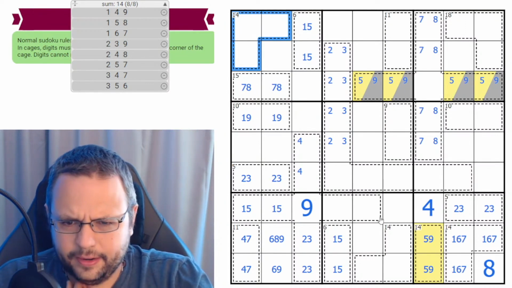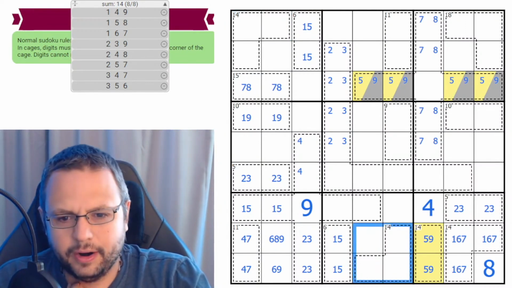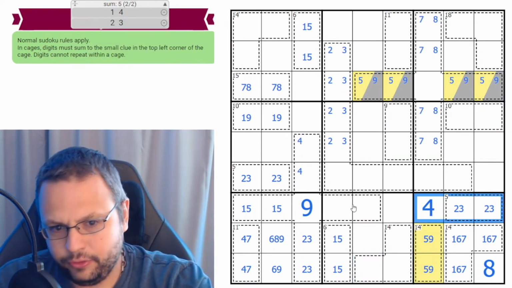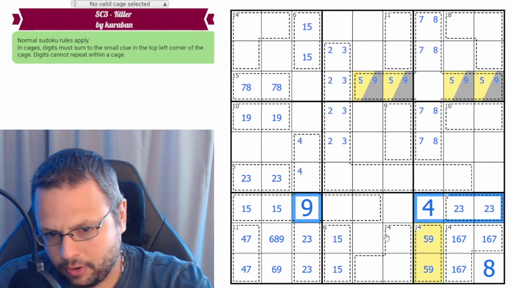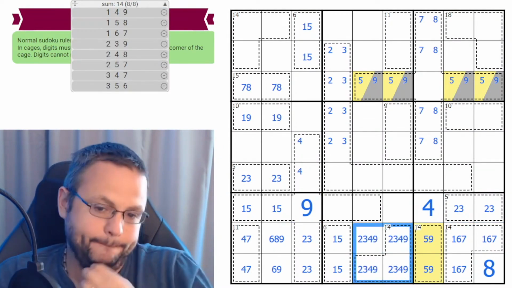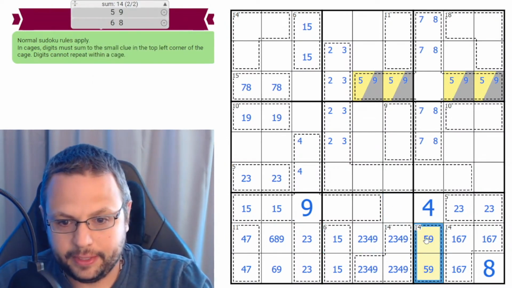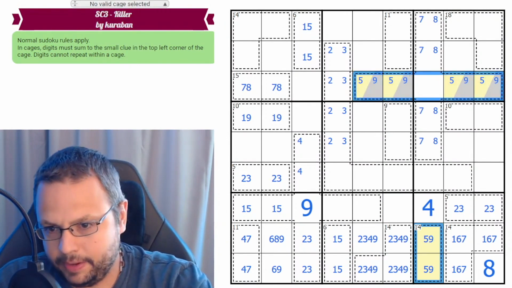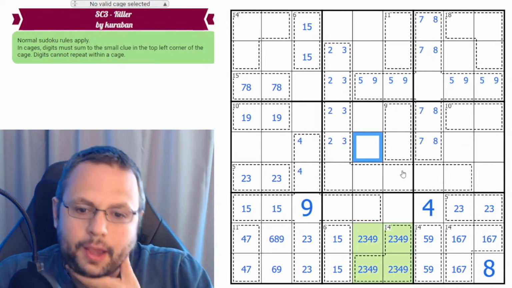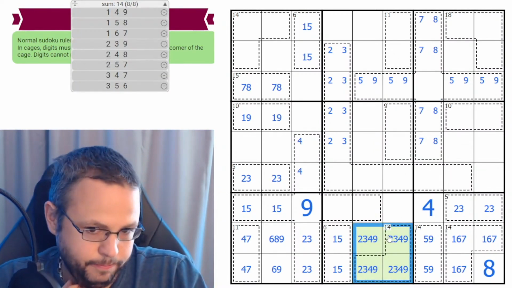I am noticing that these digits are a hidden quad, by which I mean that the 4, the 2, the 3, and the 9 in this box are all forced to go here. So these are 2, 3, 4, and 9. And here's a killer trick that I really like, that I don't see a lot of people using, which is all but one of these digits has to go in the 14 cage.